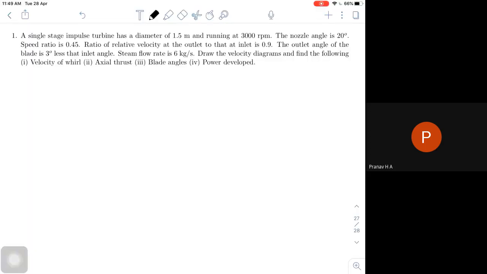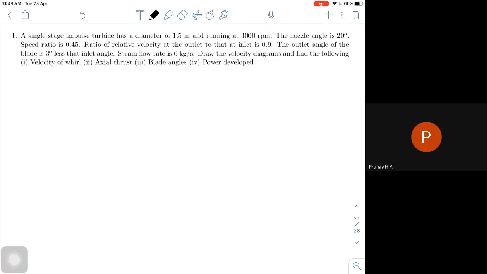So this is the numerical. A single stage impulse turbine has a diameter of 1.5 meters and runs at 3000 rpm. The nozzle angle is 20 degrees. The speed ratio is 0.45, and the ratio of the relative velocity at the outlet to that at the inlet is 0.9.